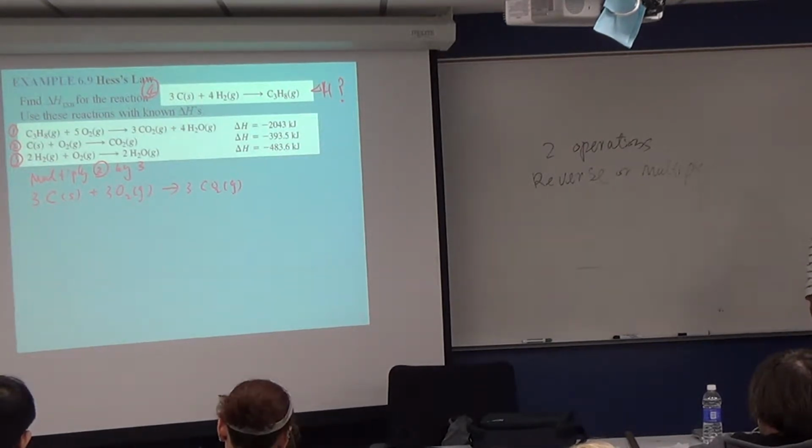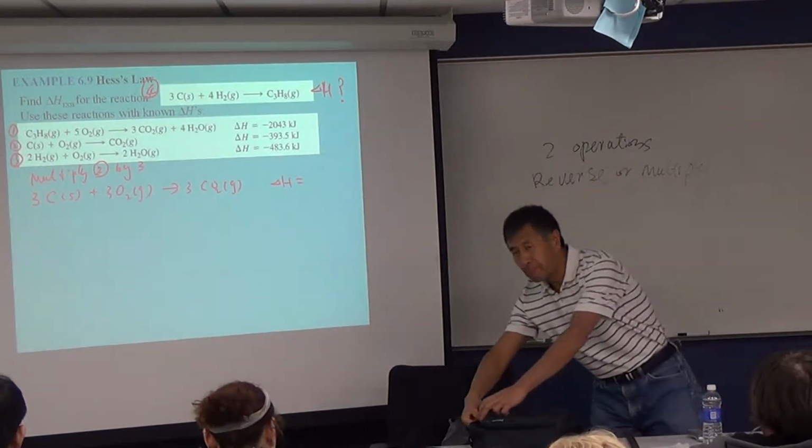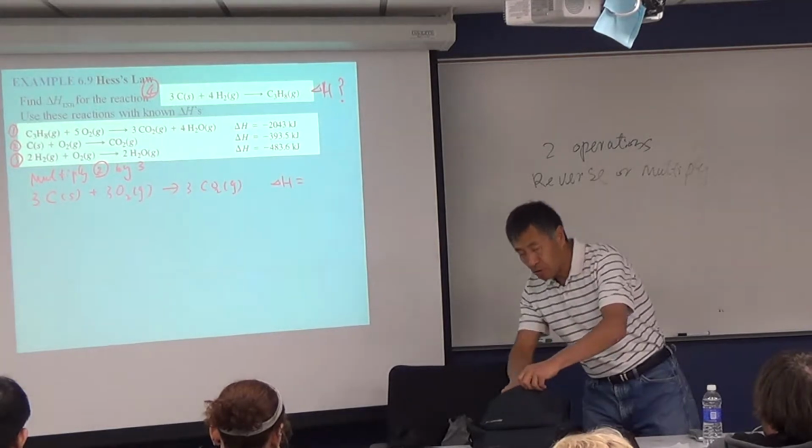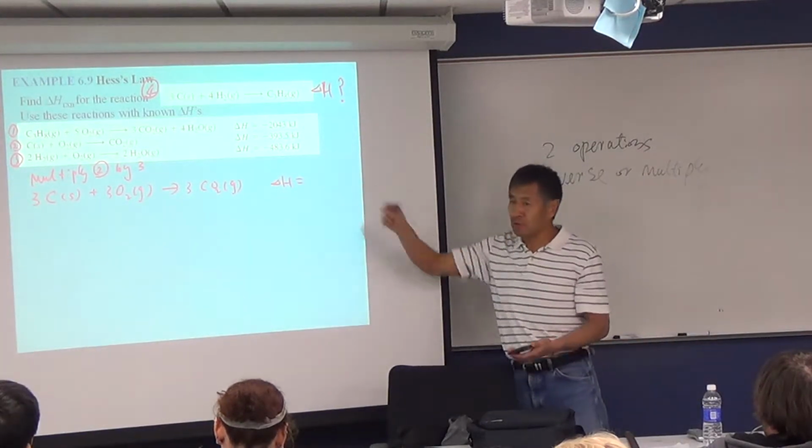Now what do you do to the delta H? If you multiply that equation 2 by 3, what will be our delta H? What do you do for the delta H?